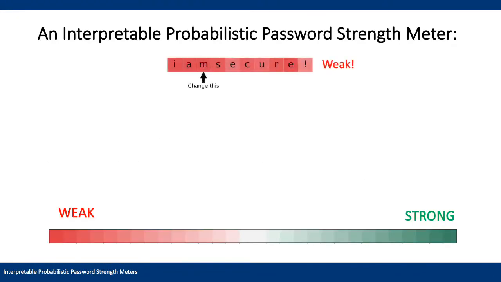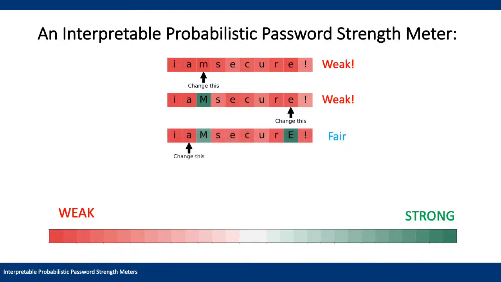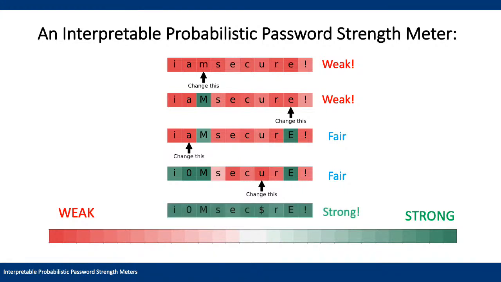This is how our meter works. Instead of giving an atomic score to a password, the meter is capable of disentangling the security contribution of each character composing the password. This automatically explicates which part of an estimated password is actually making it weak or strong.